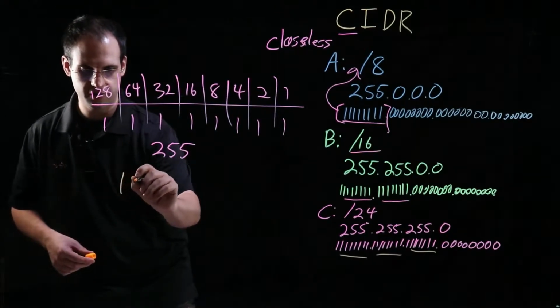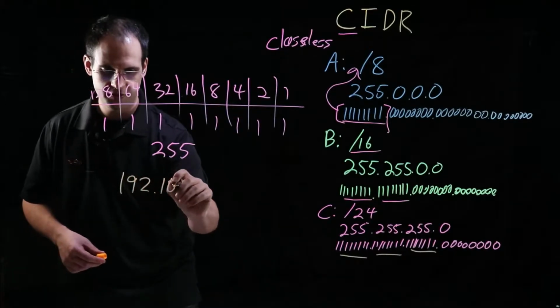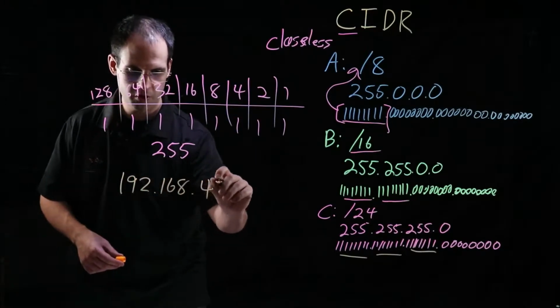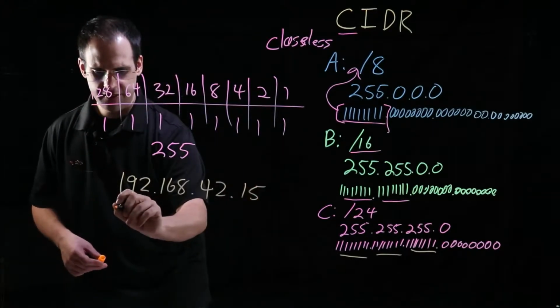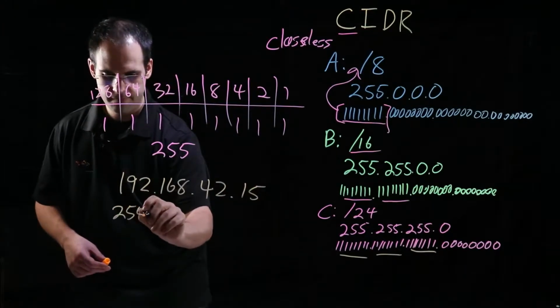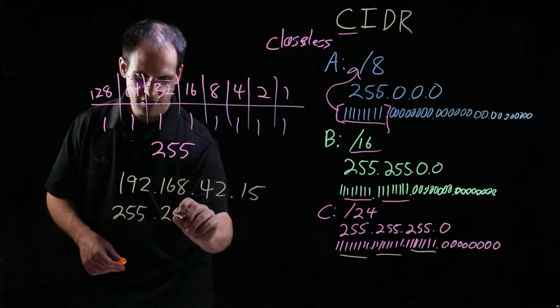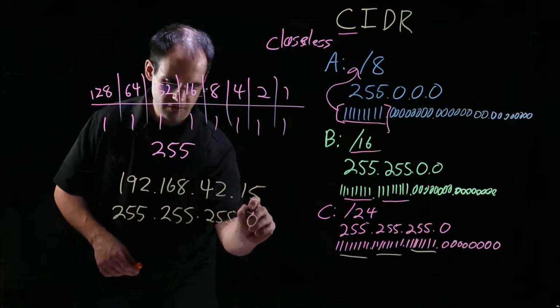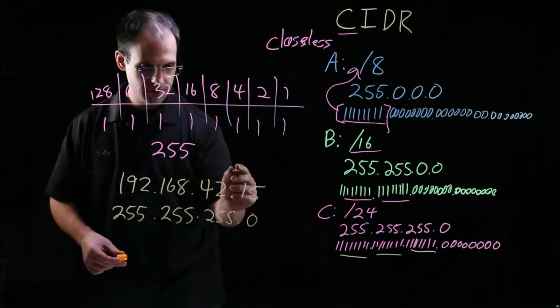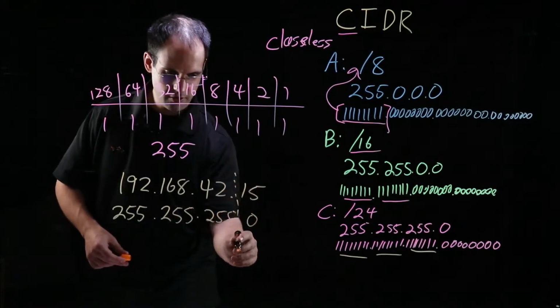If I had an address of 192.168.42.15, right, and I had this 255.255.255.0, I was saying we could kind of draw a line right here, right?